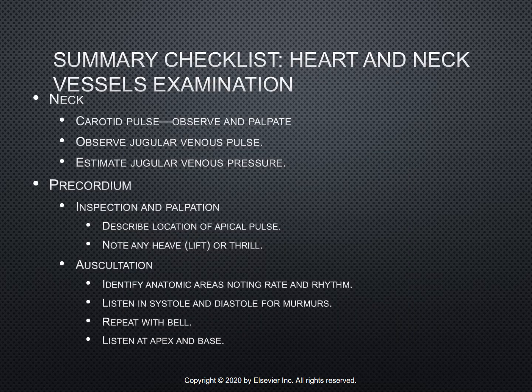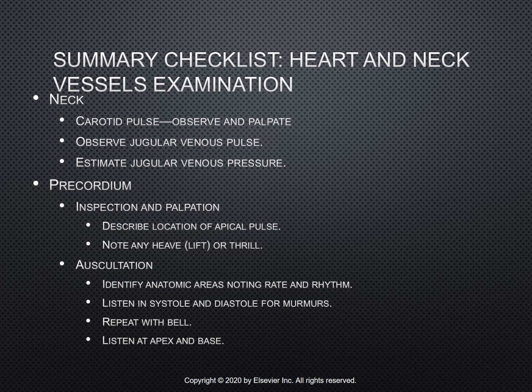Okay. I believe this is our last slide. So, summary checklist, heart and neck vessel examination. When we're assessing the neck, we're observing, palpating, and auscultating the carotid pulse in 3 areas.